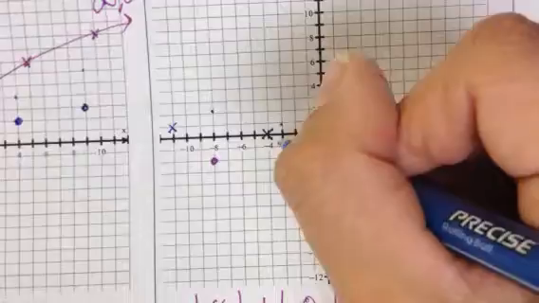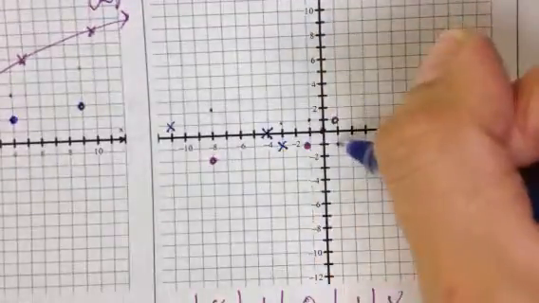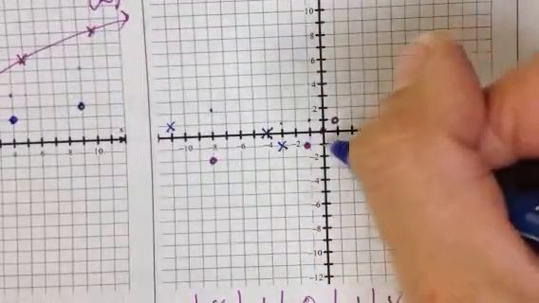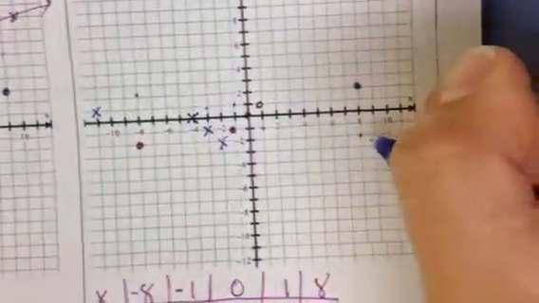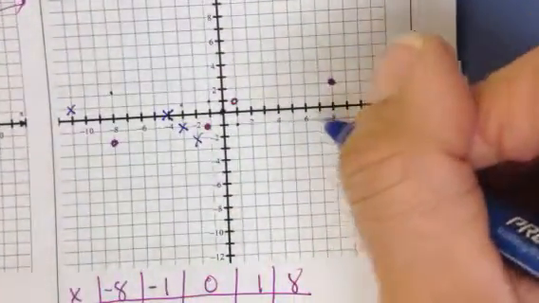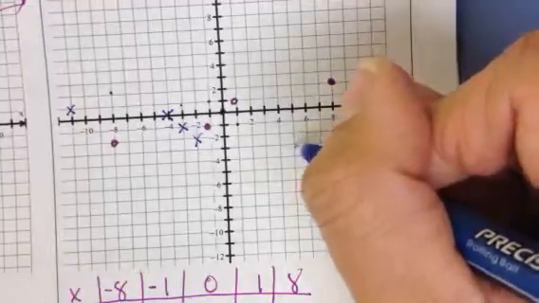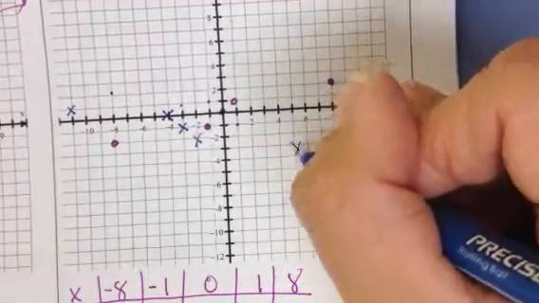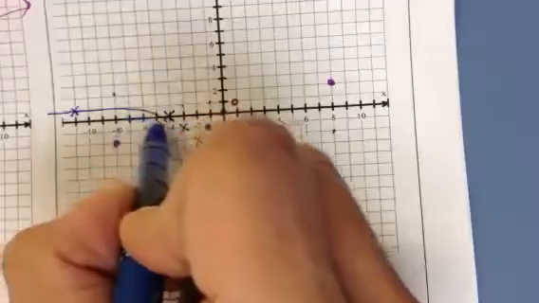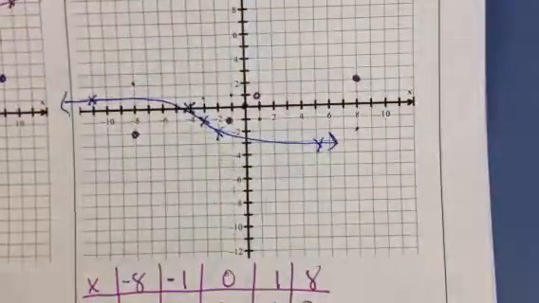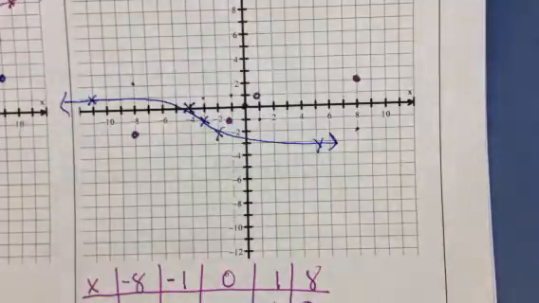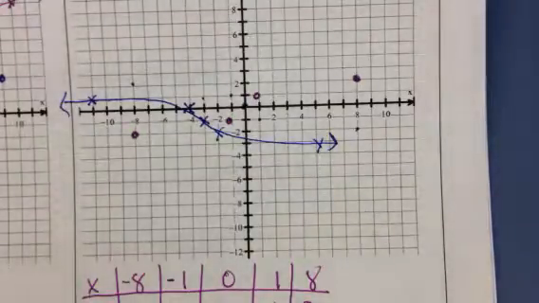Left 3, down 1. This one flipped to here, and it's going to go left 3, down 1. And this one will go left 3, down 1. And now these are the new points I connect. And you have to do all these pieces on the test to get all the points.